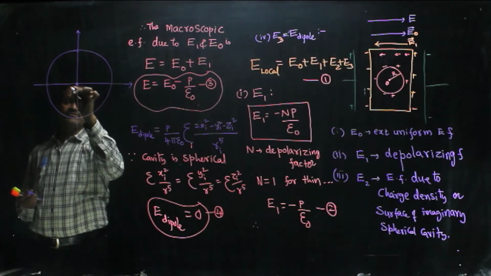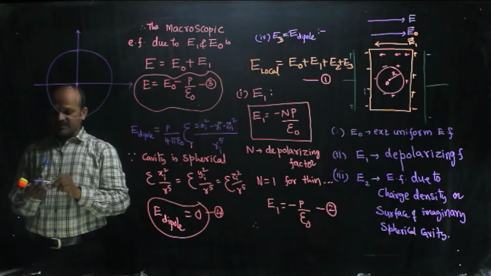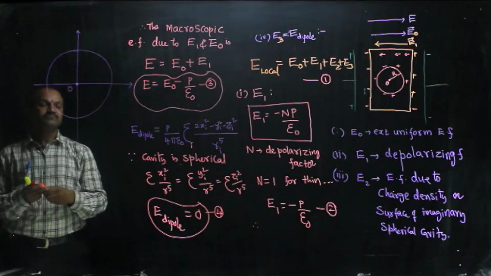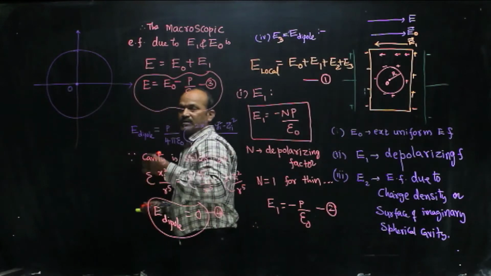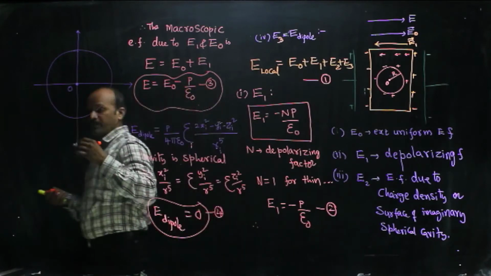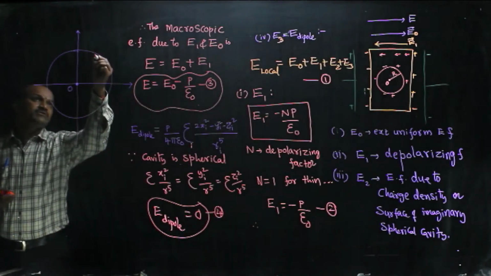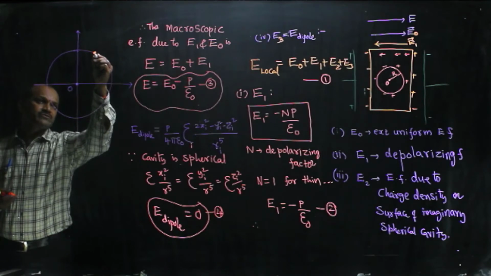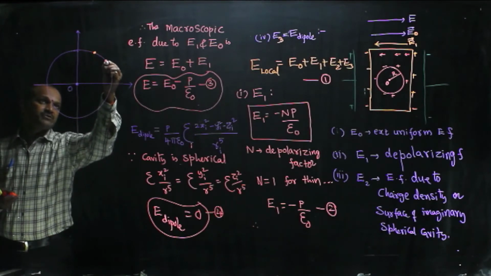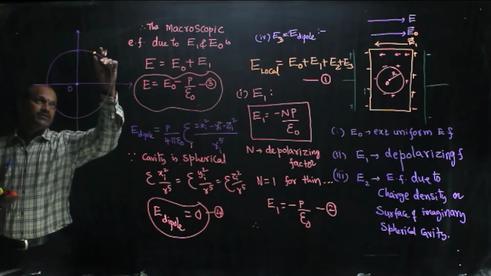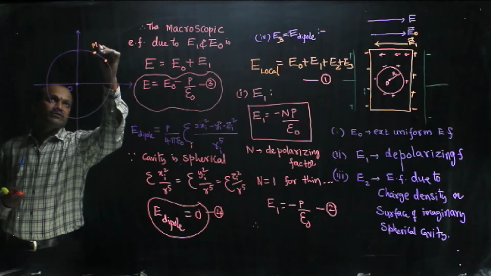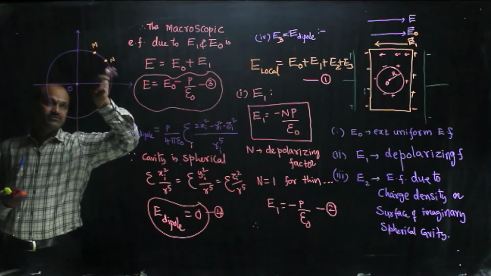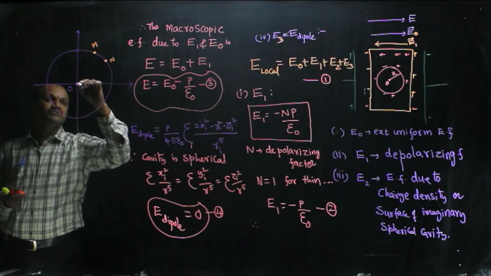So this is the reference point. Let us take two points, some small strip, because you can imagine a three-dimensional view. One element on the sphere, on the cavity surface.